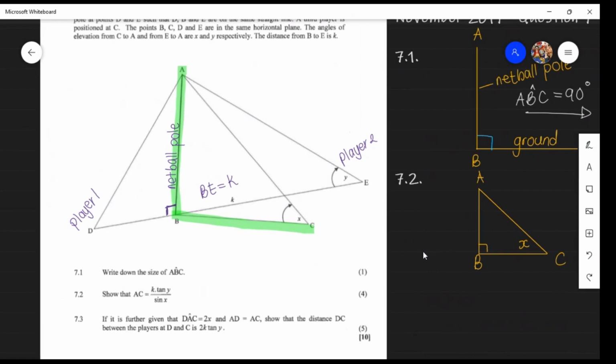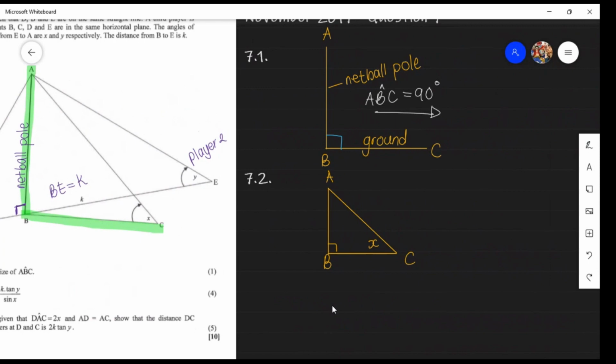Another thing that we can see is the side AB is common to the triangles ABC and ABE. So let us now draw triangle ABE and see how we can use both triangles. Because if you notice, our answer for AC has both Y and X in it. So that's an indication that we are meant to use both triangles, ABC and ABE. So let us now draw ABE.